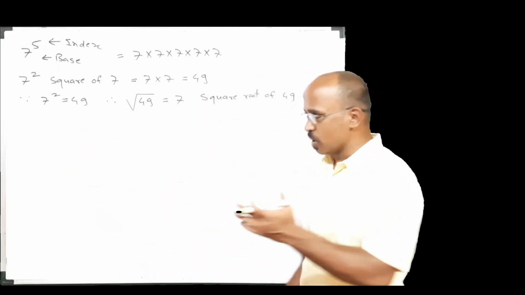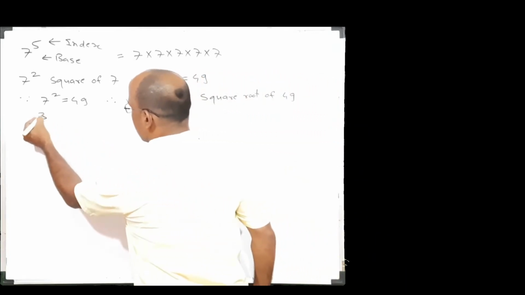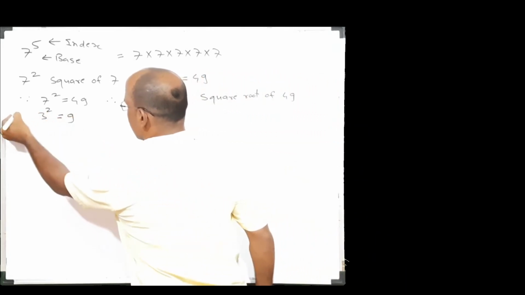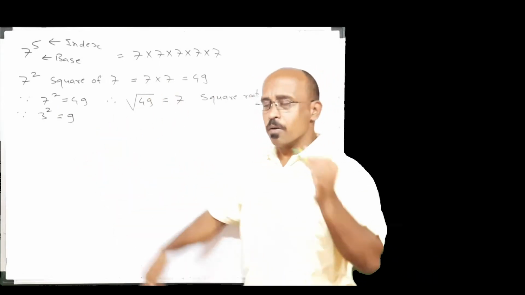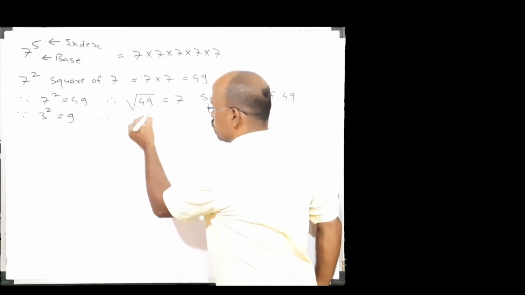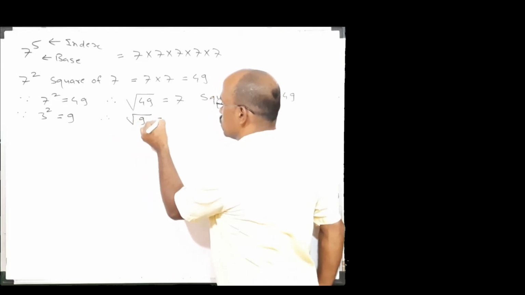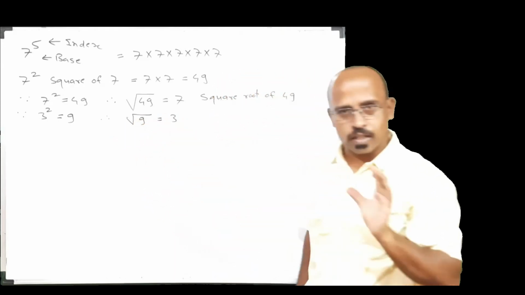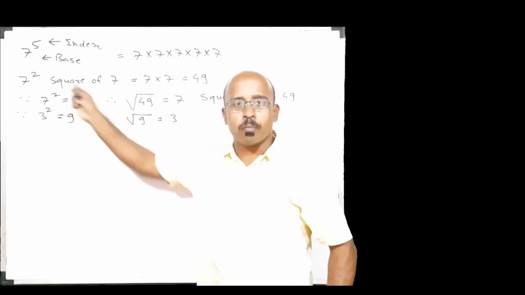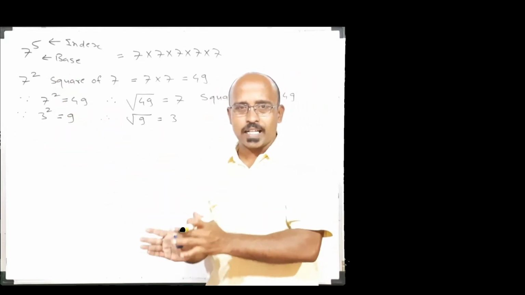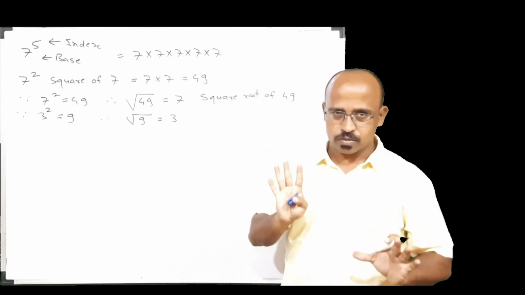Clear friends? Suppose I say 3 square is equal to 9. Square of 3 is 9, means square root of 9 is equal to 3. Clear? And we know how to find the square of a particular number: multiply that number with itself 2 times.